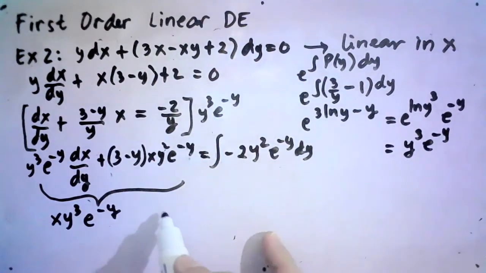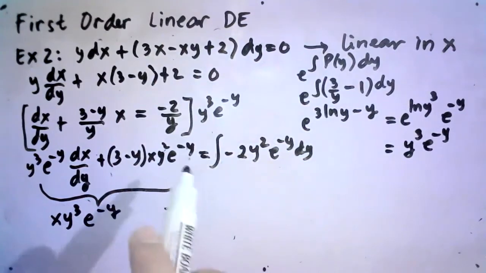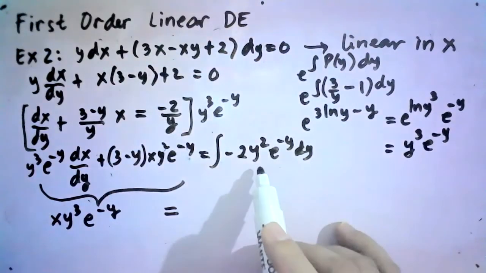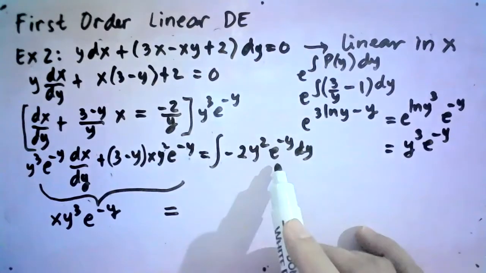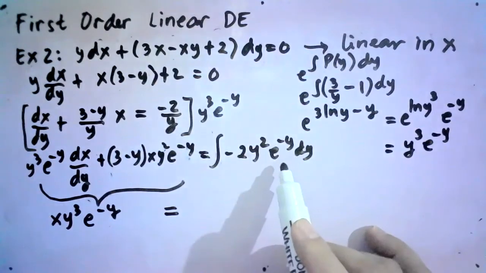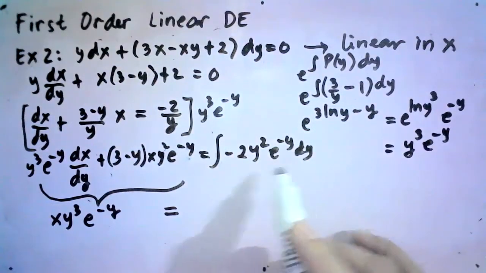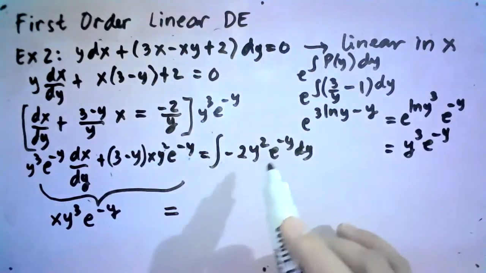And then that is equivalent to, if you have noticed, the integral of y squared e raised to negative y. So this is integration by parts. We will apply integration by parts for this particular problem.